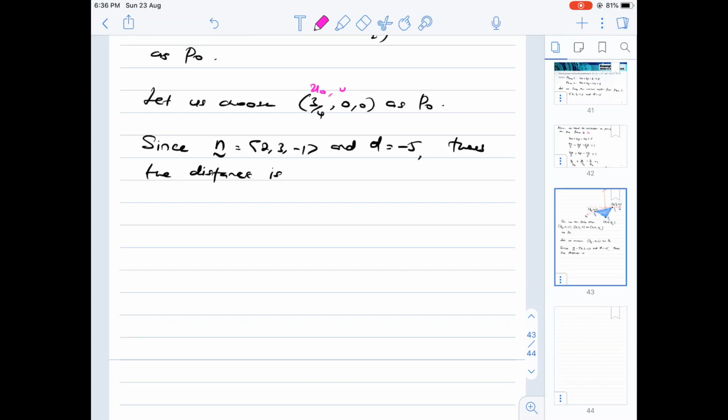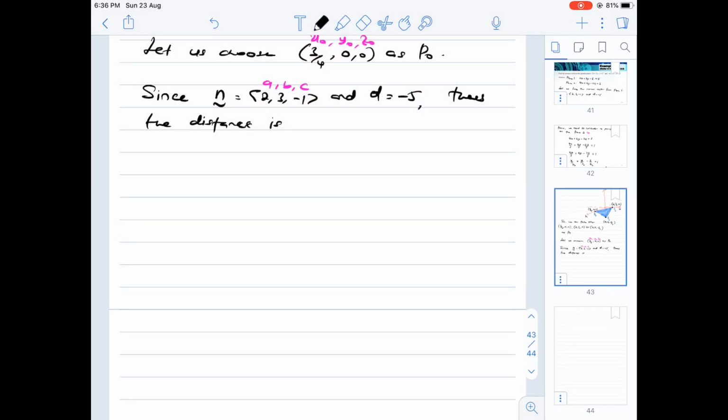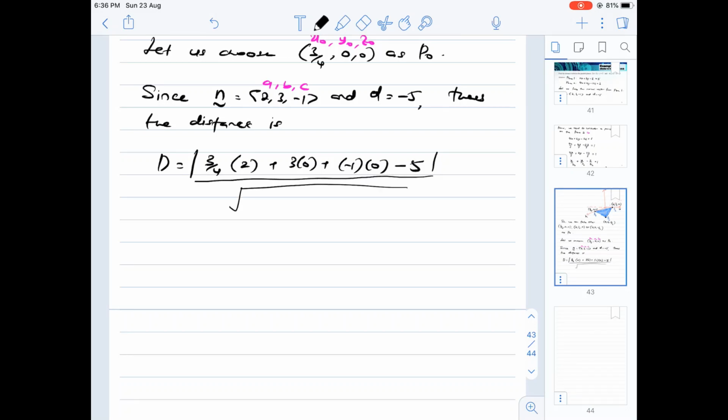Thus, this is x naught, y naught, and z naught, and this is your a, b, and c, and this is of course d. So we have the distance: 3 over 4 multiplied by 2 plus 3 times 0 plus negative 1 times 0 plus negative 5, divided by the square root of 2 squared plus 3 squared plus negative 1 squared.